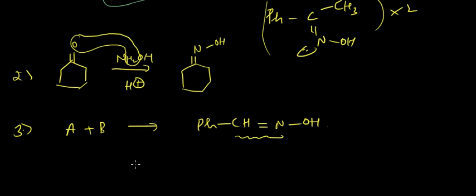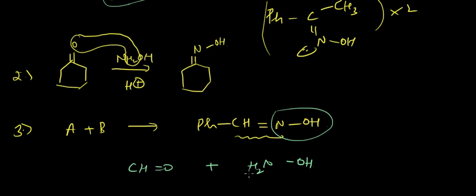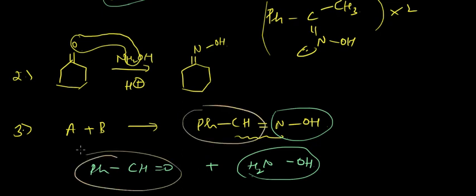Double bond means the water molecule would be eliminated from this group. So on the right hand side of the double bond this would be the compound, and on the left hand side CHO and Ph would be the compound. So these react in acidic medium to form this product.